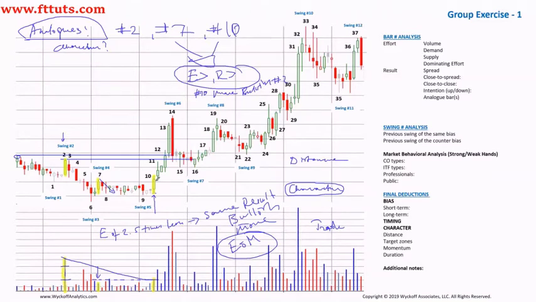Therefore, not only should we be touching this resistance, most likely we're going to overcome it. And that's the conclusion on the character that we could have.